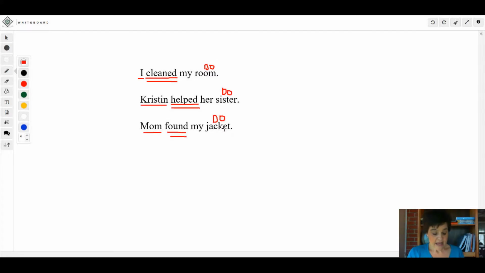Number 6, held is your verb, Tyrone is your subject, breath is the direct object. Number 7, scored is the verb, team is the subject, and points is the direct object. Number 8, chanted is the verb, crowd is the subject, and cheer is the direct object.